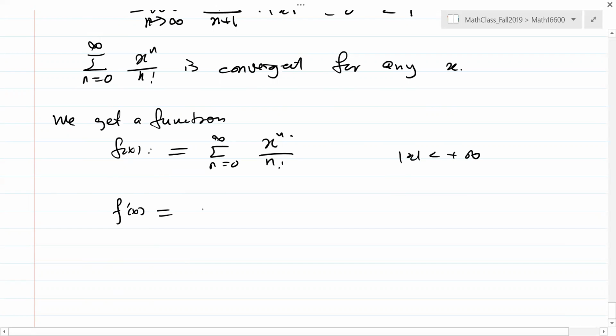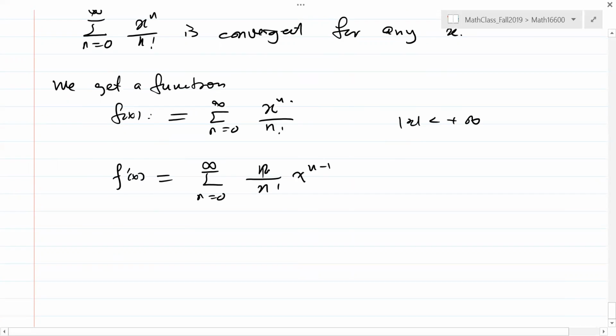So when I differentiate, I get n times x to the n minus 1. Let me change it to n equals 1, since n equals 0 can be ignored. So n starts from 1.